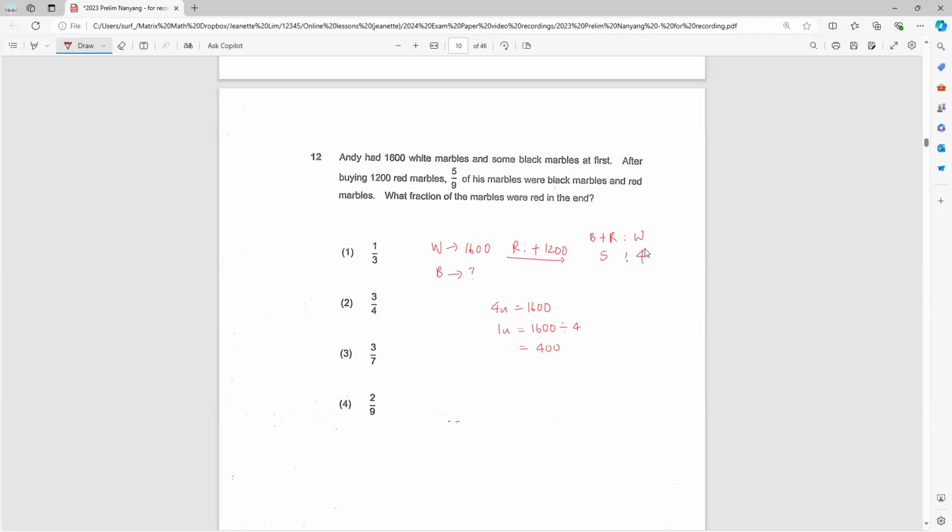We know red is 1,200, because there's 0 red at first, we add 1,200. So what we need to know is the total in the end, which is 9 units. So 9 times 400, 3,600. So the fraction of red out of the total, when we simplify, is 1/3. Okay, so answer 1.